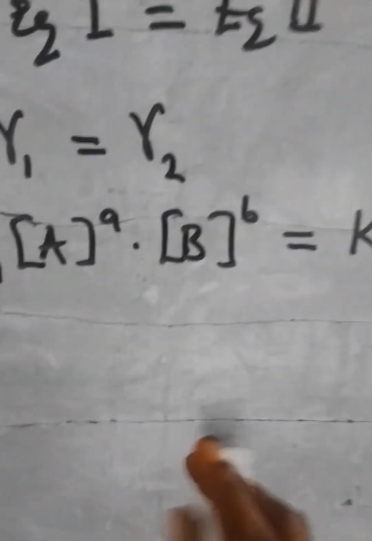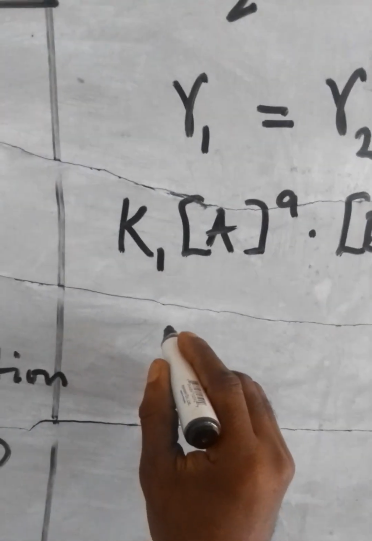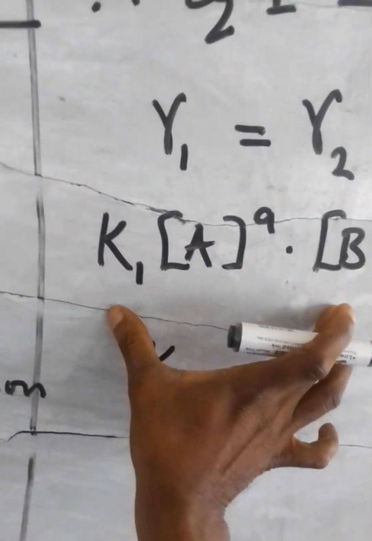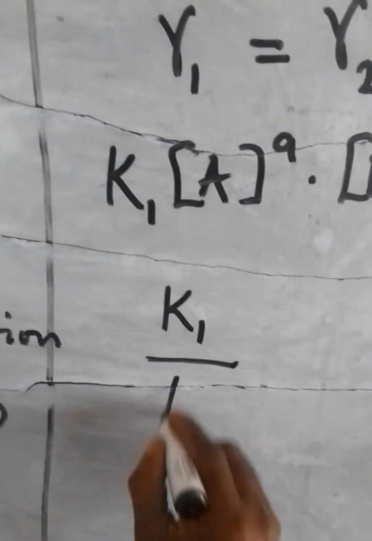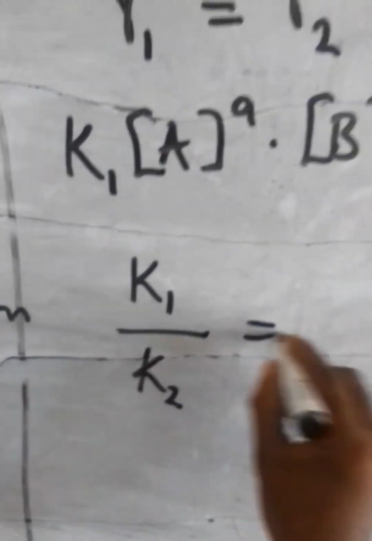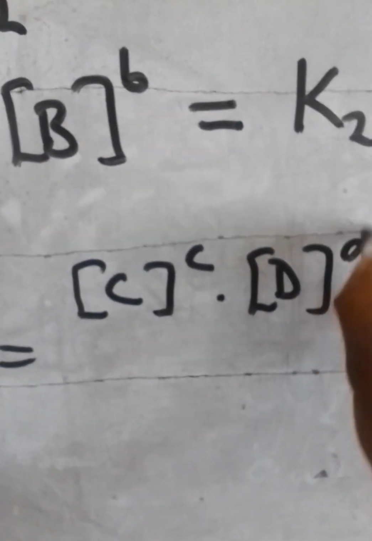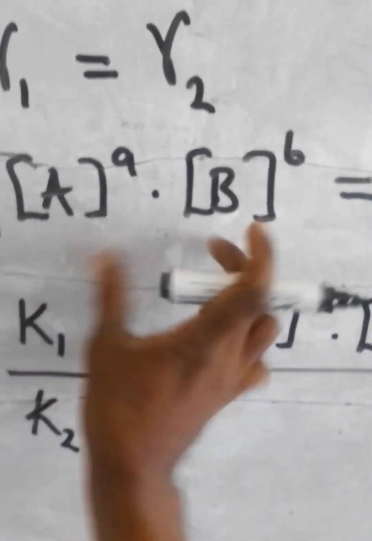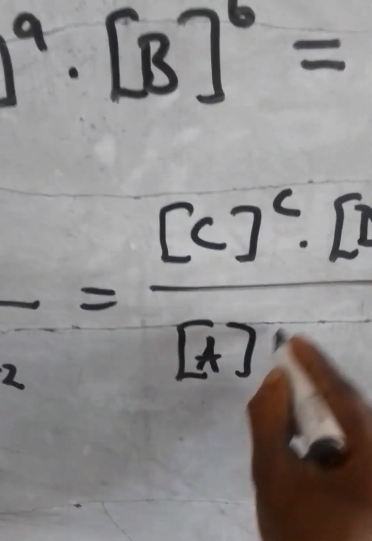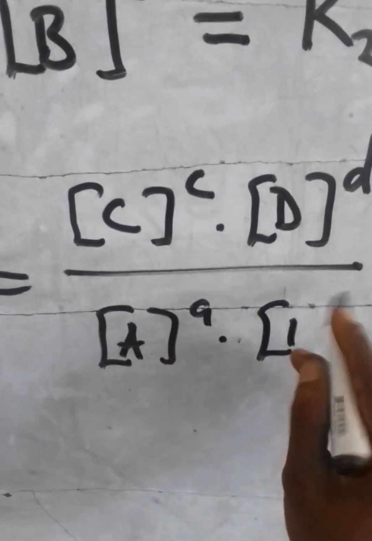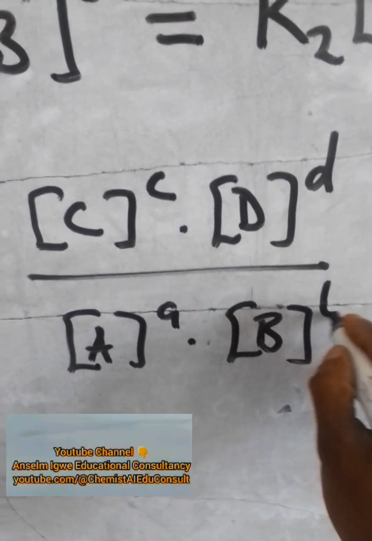Now, solving the algebra, we can now say that K1 divided by K2 equals the whole of [C] raised to power c, [D] raised to power d, all over the whole of [A] raised to power a, [B] raised to power b.